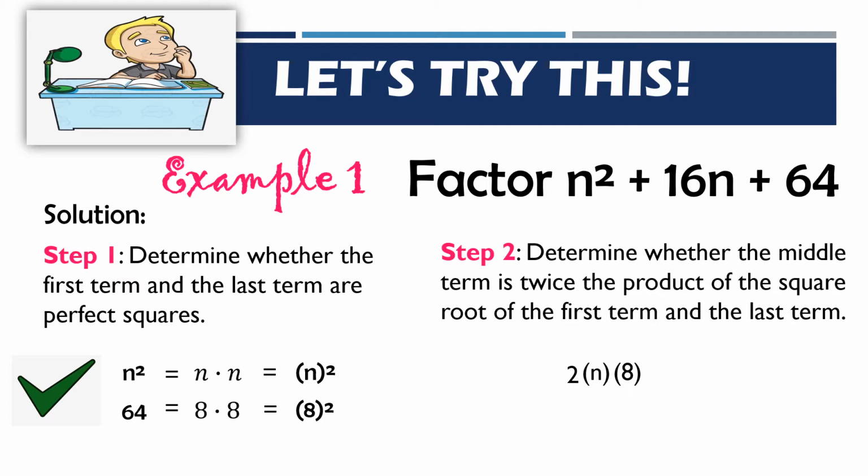So that would be 2 times n, which is the square root of n squared, and 8, which is the square root of 64. 2 times 8, which is 16, times the variable n. Is this the same with the middle term given? That's right. The middle term is twice the product of the square root of the first and the last term.